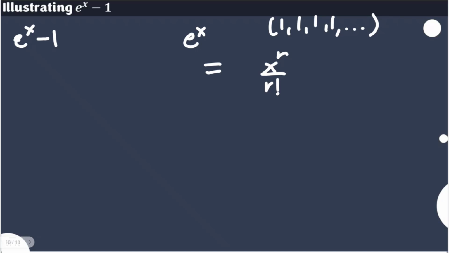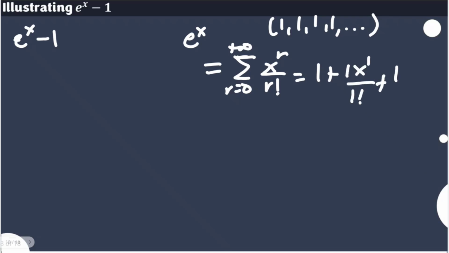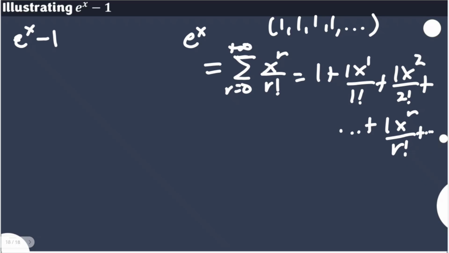Summation as r starts from 0 to positive infinity, which gives us the expansion 1 plus 1 x to the power of 1 over 1 factorial plus 1 x squared over 2 factorial plus, until you reach 1 x to the power of r over r factorial, and so on. But that is for e to the power of x.